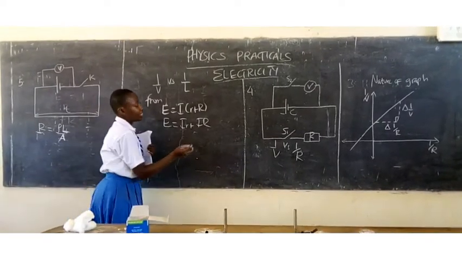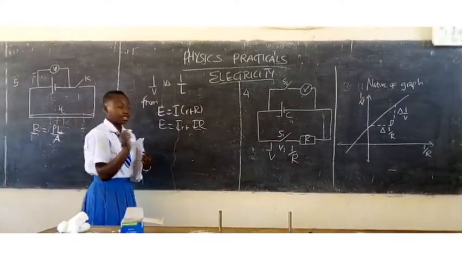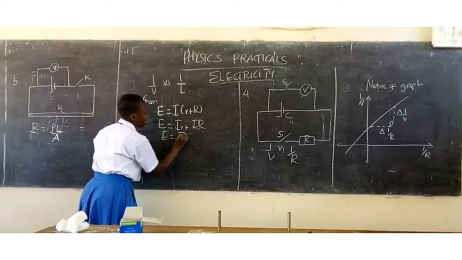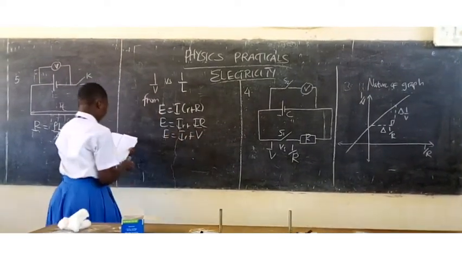Then, as I said, from Ohm's law, I R equals V. So it's E equals V plus I r.